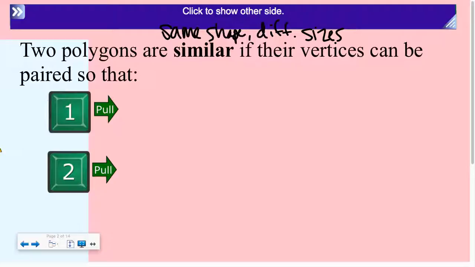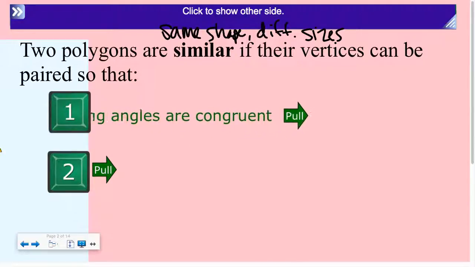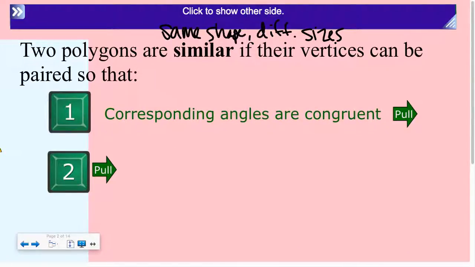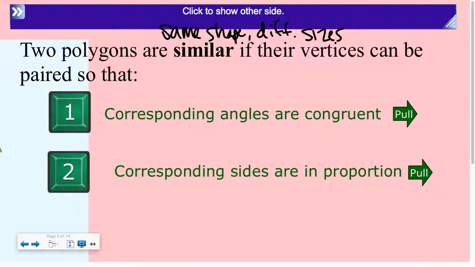detail to our definition. Polygons are similar if their vertices can be paired so that corresponding angles are congruent and corresponding sides are in proportion.